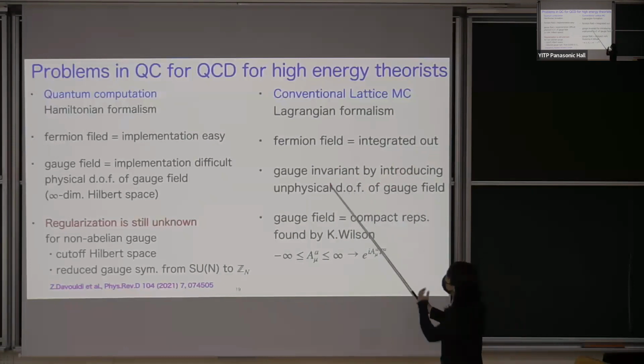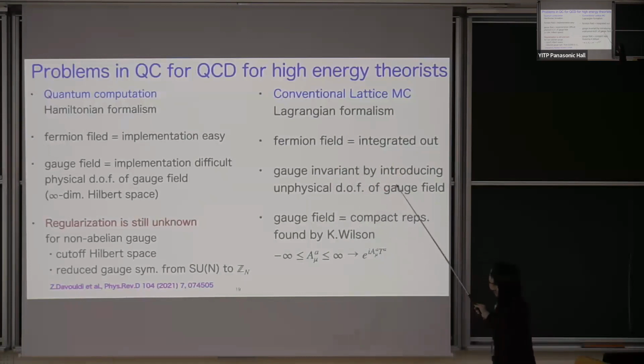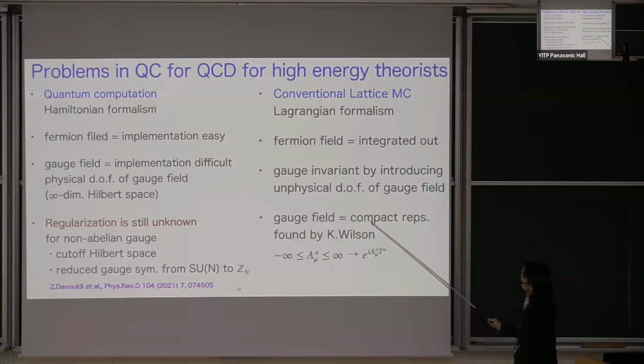And in the Lagrangian formalism, gauge invariance is manifest by introducing the unphysical degrees of freedom of the gauge field. I think this is the breakthrough point given by Ken Wilson. The gauge field is expressed by a compact representation, the so-called link variable.